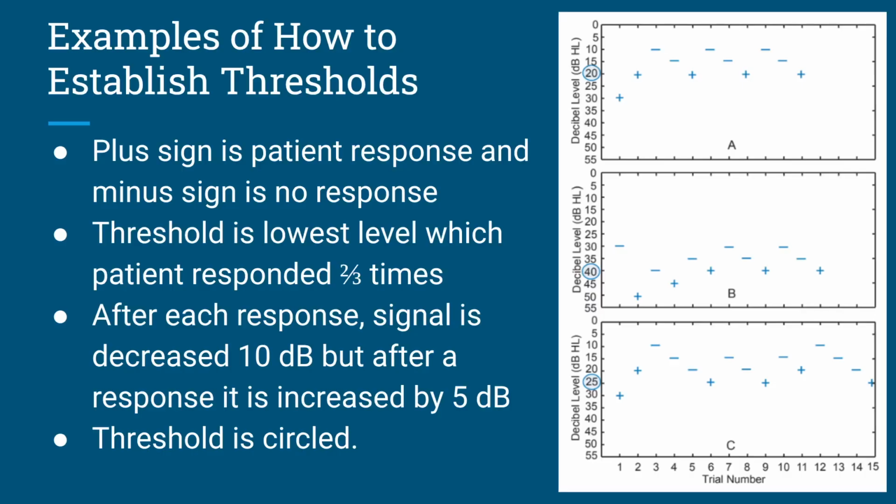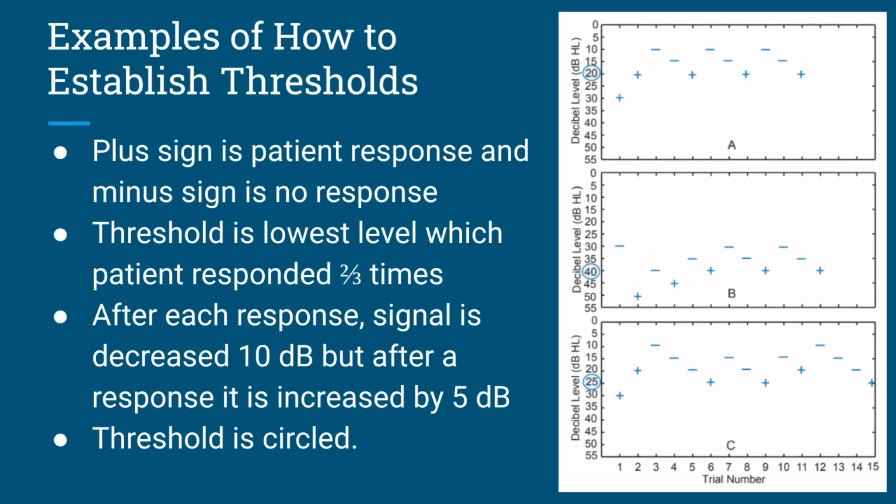And even if they did not respond at 20 dB in the third trial, they would have satisfied the criterion of 2 out of 3 at this level. However, this last trial at 20 dB would usually be included to complete the series. In this example, the patient again responded at 20 dB, thus the patient's threshold would be 20 dB.